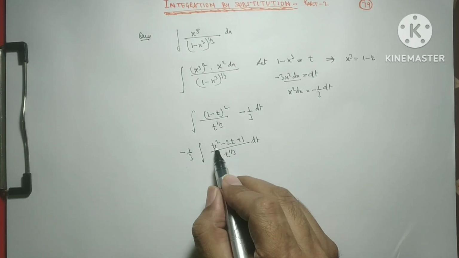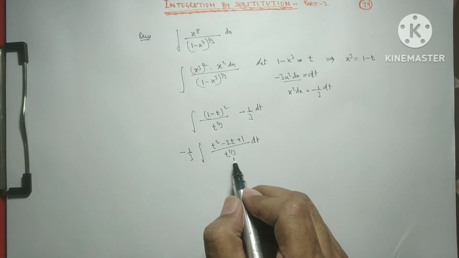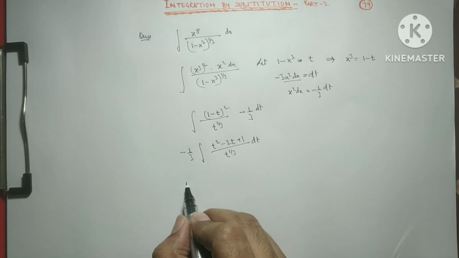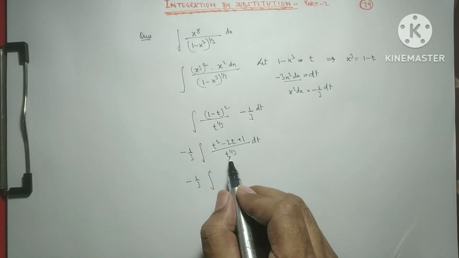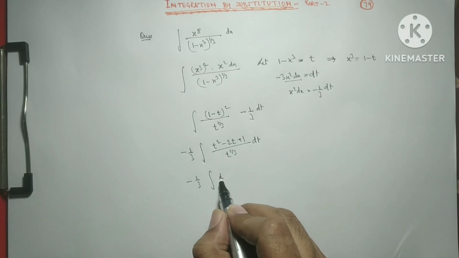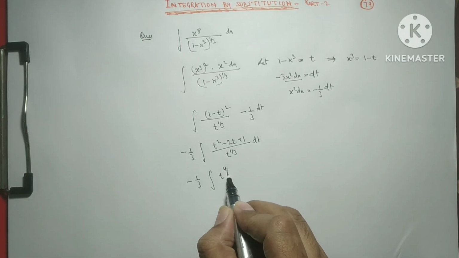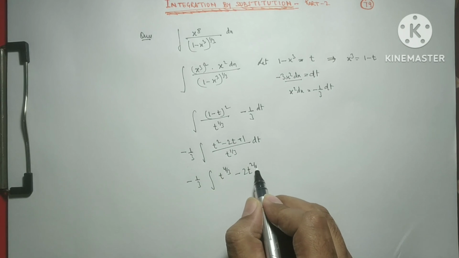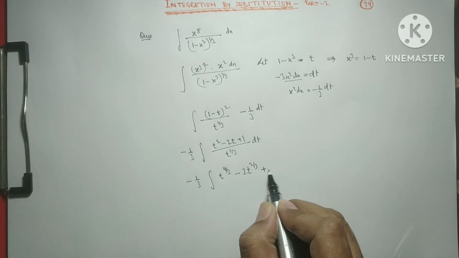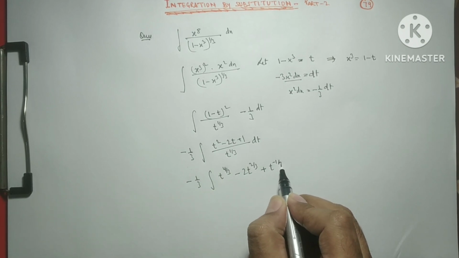If the numerator has higher powers, then we try to reduce it, so right now we can divide this. On dividing we get t to the power 4/3 minus 2 t to the power 2/3 plus t raised to minus 1 by 3.